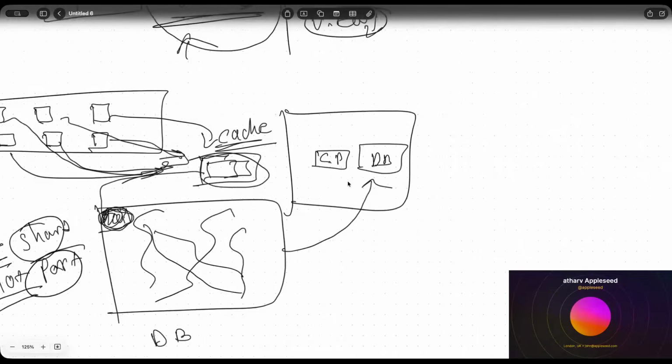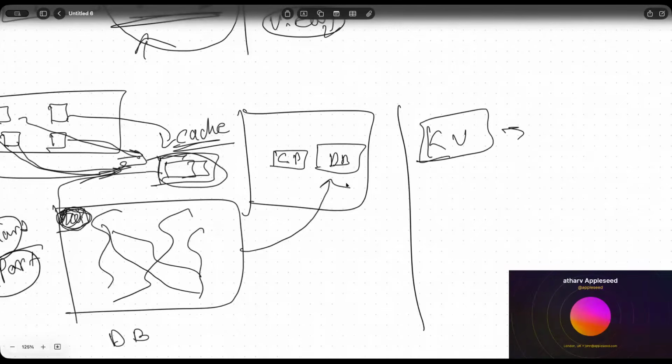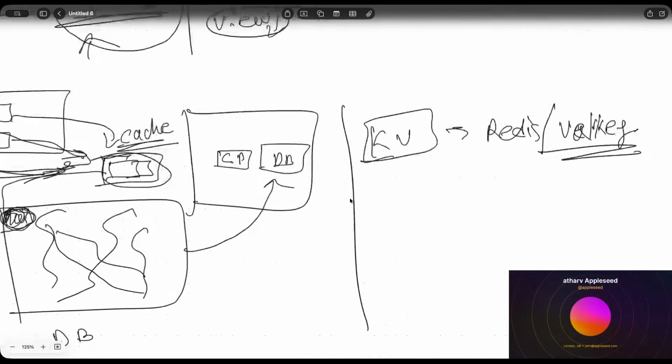So if we have something like a key value pair, then we can use Redis, and we also have Valkey, I guess. Yes, Valkey is another open source alternative to Redis.